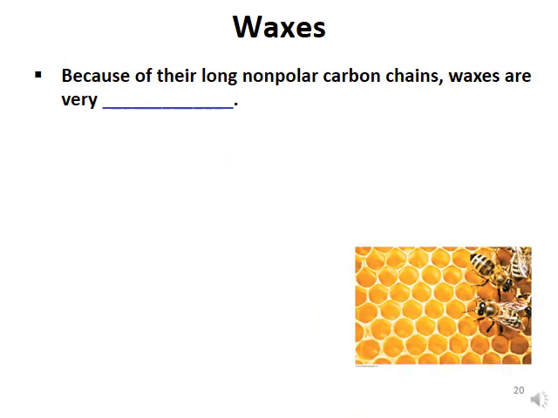Okay, so they've got those long nonpolar carbon chains. Waxes are exceedingly hydrophobic, hence the waxiness, right? You throw a candle in water, it's not going to dissolve, it's not even going to get soft. It repels the water, it's hydrophobic.